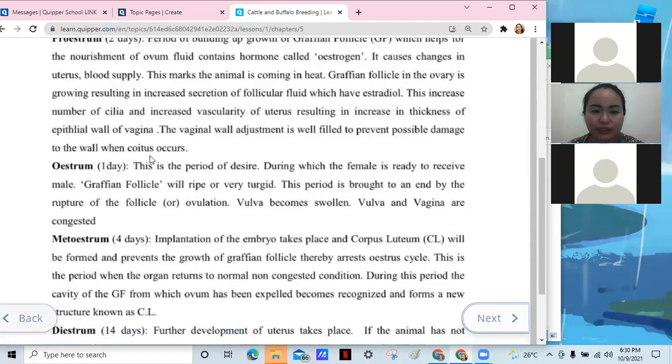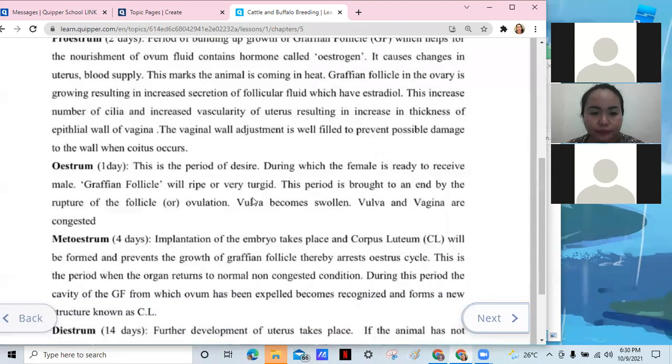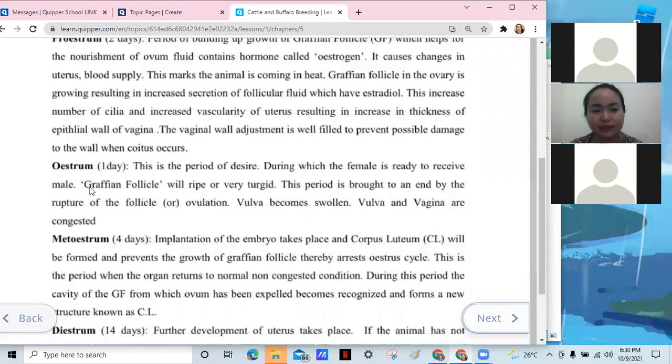No? So coitus is another term for sexual intercourse. So in the proestrum is in short the Graafian follicle formation. Para yung wall of the vagina is thickened, in order for it to be ready for the penis, no?